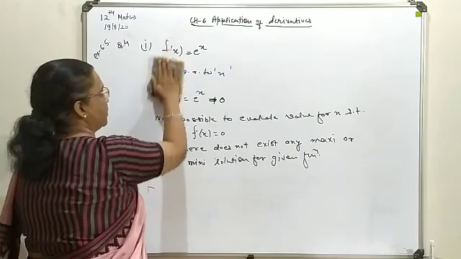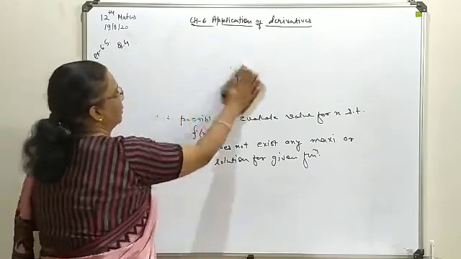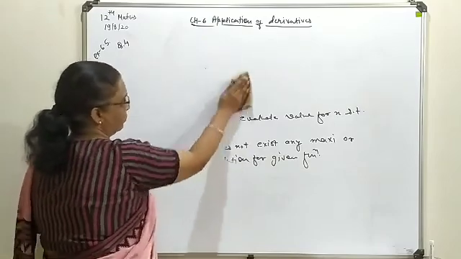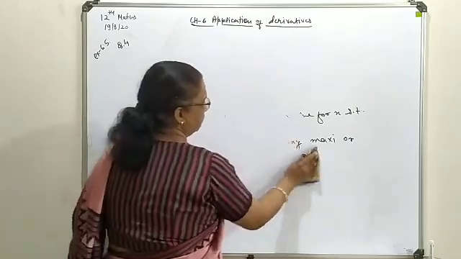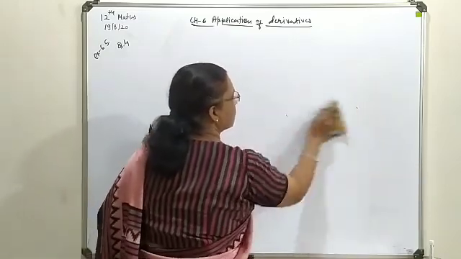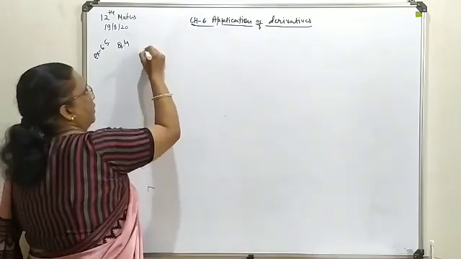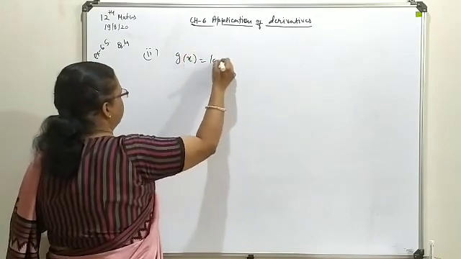These three are distinct, different types of functions in which you can discuss your solution form. Many other combinations in the same category can also be defined. Now here the second part is available as g(x) equal to log of x.